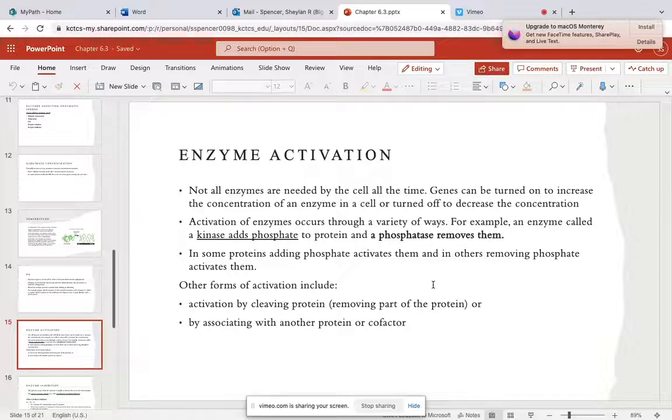Other forms of activation include cleavage, or cleaving a protein, removal of a protein. So remember the protein trypsin? Well, it actually exists in its inactive form, something called a zymogen, right? Again, you don't need to know this, but it's just an example of cleavage. So trypsin exists as a zymogen in its inactive form, trypsinogen.